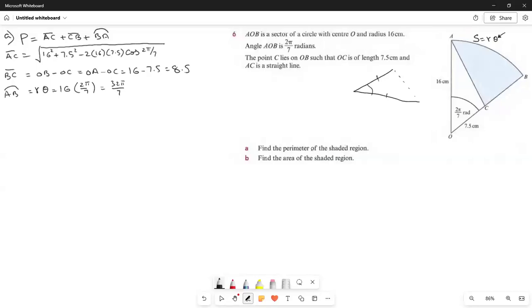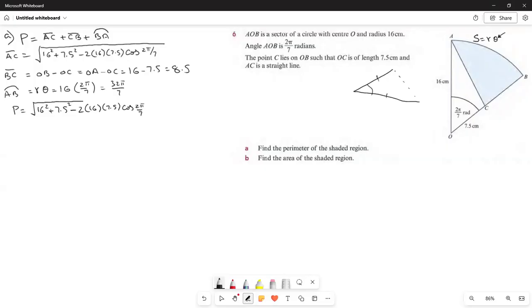Okay, now if I need to find the perimeter, I need to add all these three things. So which is square root of 16 square plus 7.5 square minus 2 times 16 times 7.5 into cosine of 2 pi by 7.